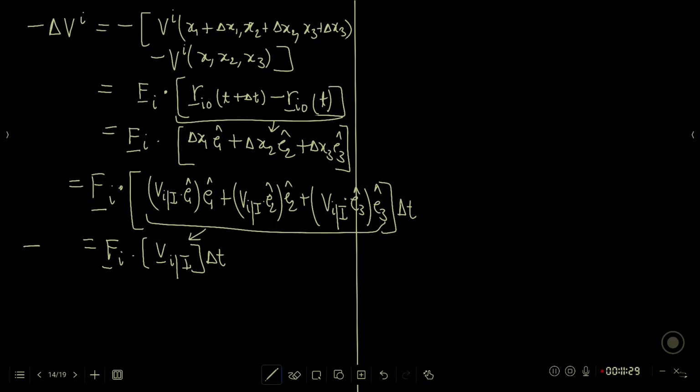That is equal to minus del Vi. Let us take this delta t on the left hand side. I get Fi dot Vi. Let's set the limit to be 0.